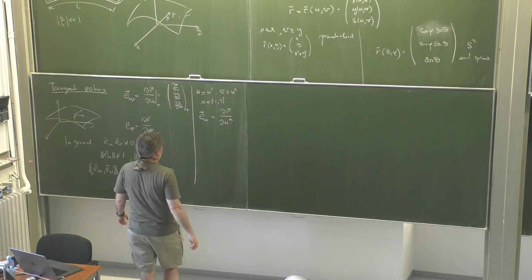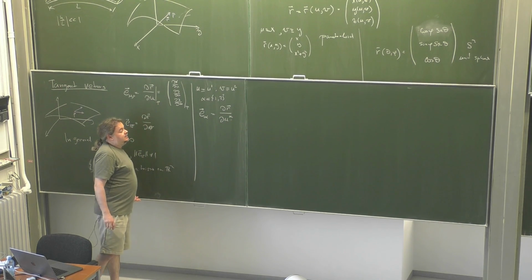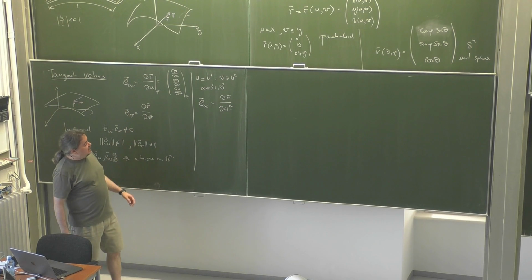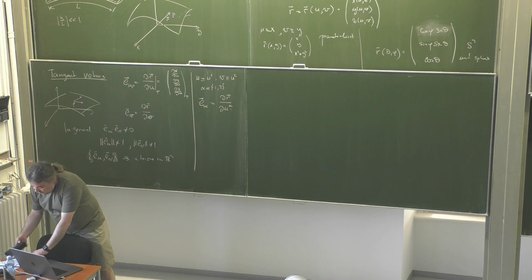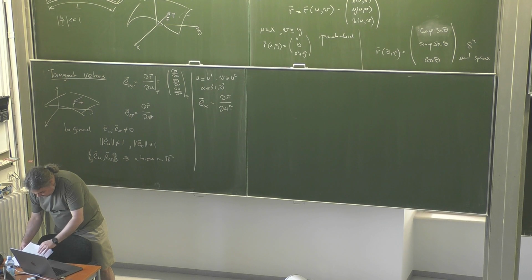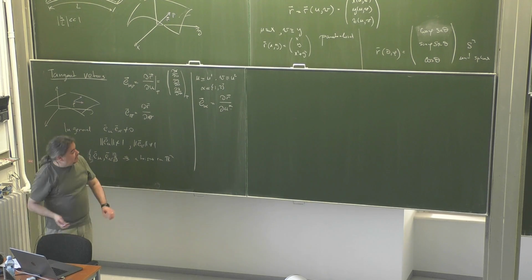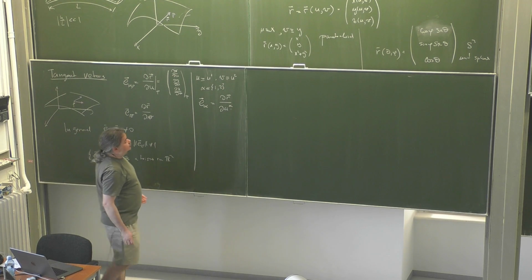This now allows me to do all sorts of interesting things, because now I can introduce the notion of the metric, right, and be able to calculate distances on surfaces. So I can introduce something which is called a metric tensor.